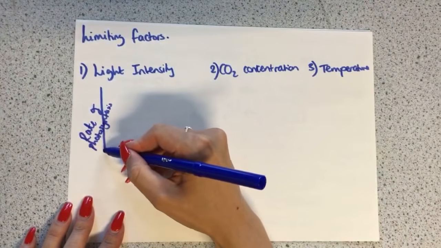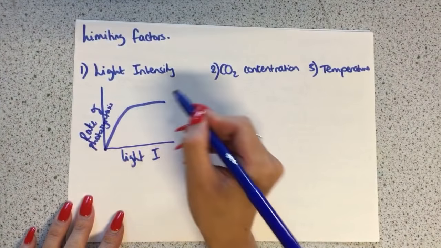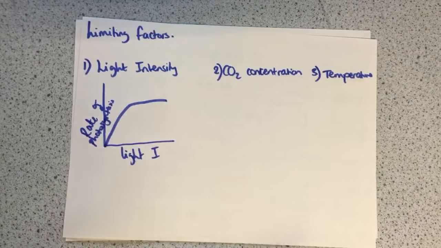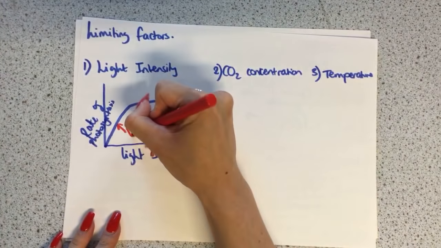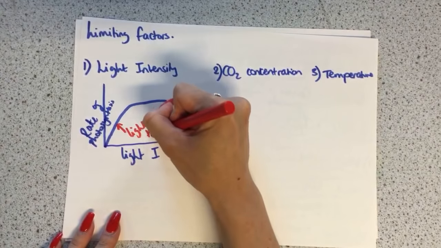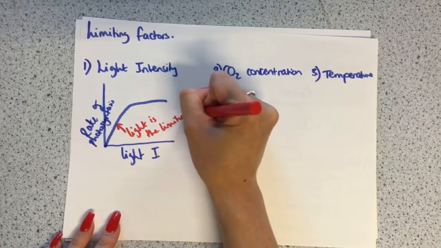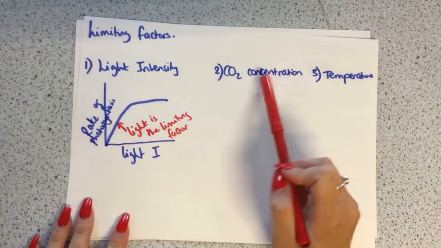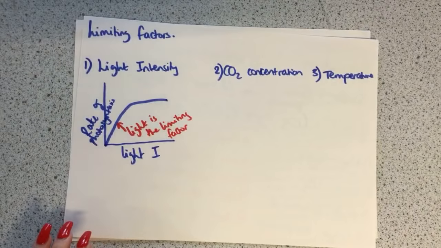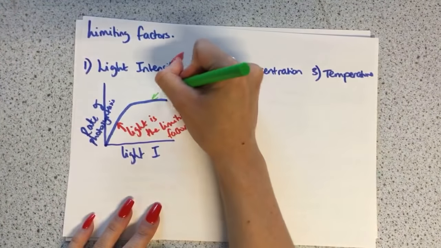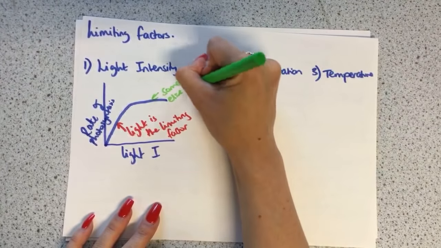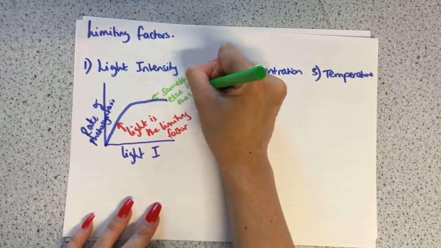And then what happens is they increase and then they level off. And that is because at the start, the light is the limiting factor. But at the end, it is something else. And that something else would either be CO2 or temperature. So something else is the limiting factor.